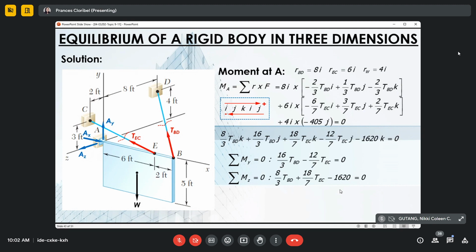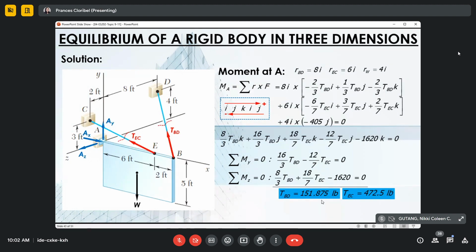We can solve for tension BD and tension EC, either by substitution, elimination, or by calculator. We get tension BD equal to 151.875 pounds and tension EC equal to 472.5 pounds. Two equations with two unknowns, by summing up moments.